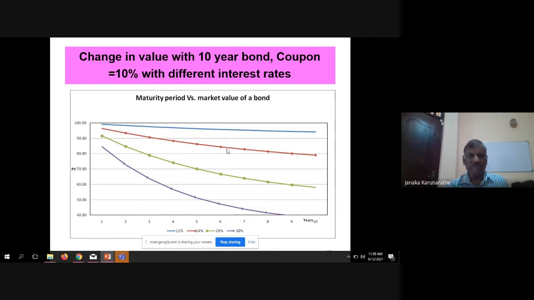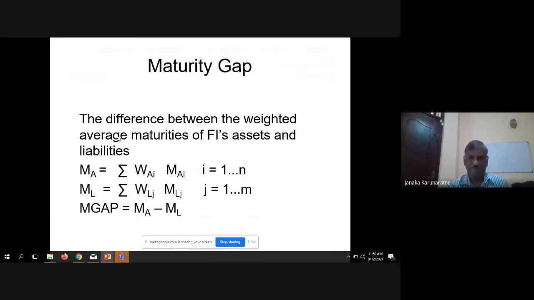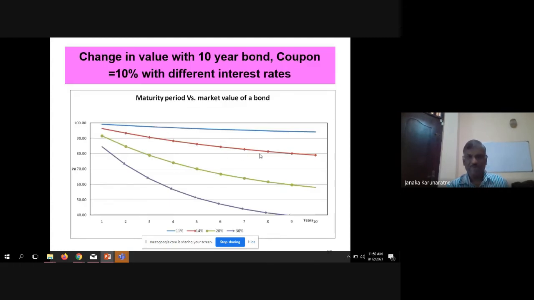Now interest rate rises to 14%. What happened? Prices drop like this. Then at interest rate 20%, it drops further. And when the interest rate moves up to 30%, it drops further. But what do you see? If you look at the initial maturities, the drop is steep here. But as you come towards the longer maturities, what happened?